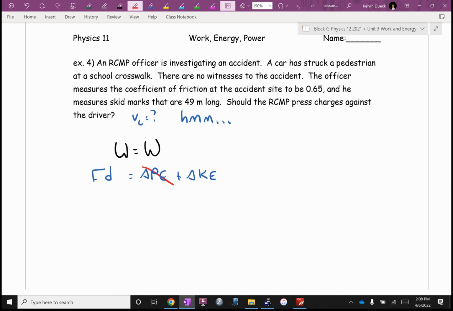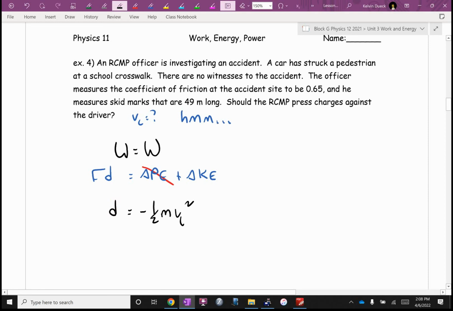What's change in anything? What's my final kinetic energy going to be? In fact, this is going to end up just being negative a half mv initial squared. And you said, I want to find VI. Well, there it is. What about on the left-hand side? Well, they did give me D. That's the skid marks.